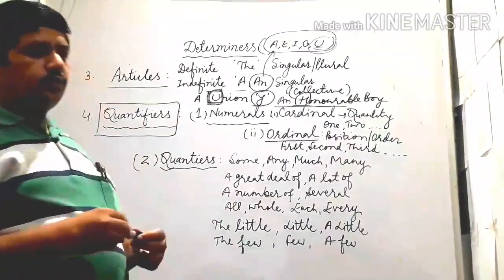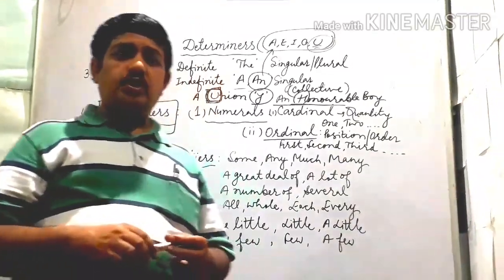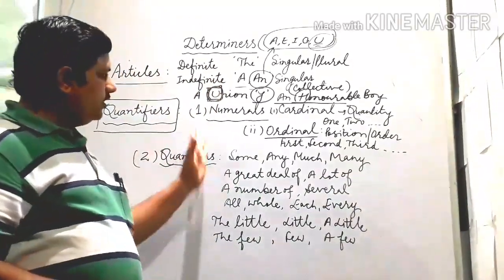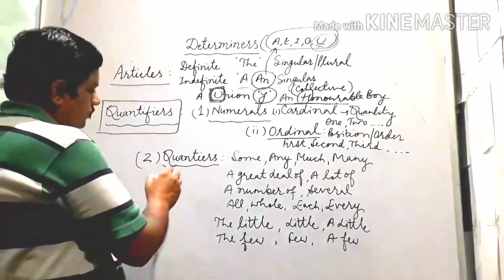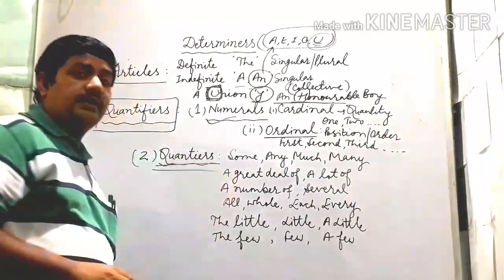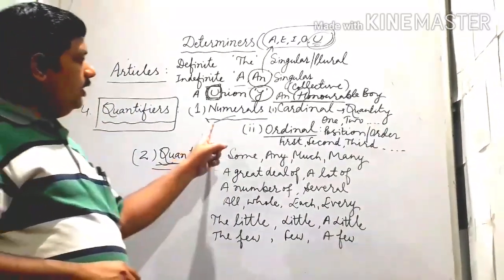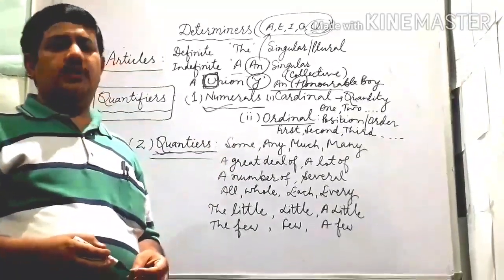Quantifiers refer to number, and they refer to quantity also. So these are also further divided into different categories. And we have two: first is numerals, then we have quantifiers. Okay. In numerals, we refer to some kind of number.